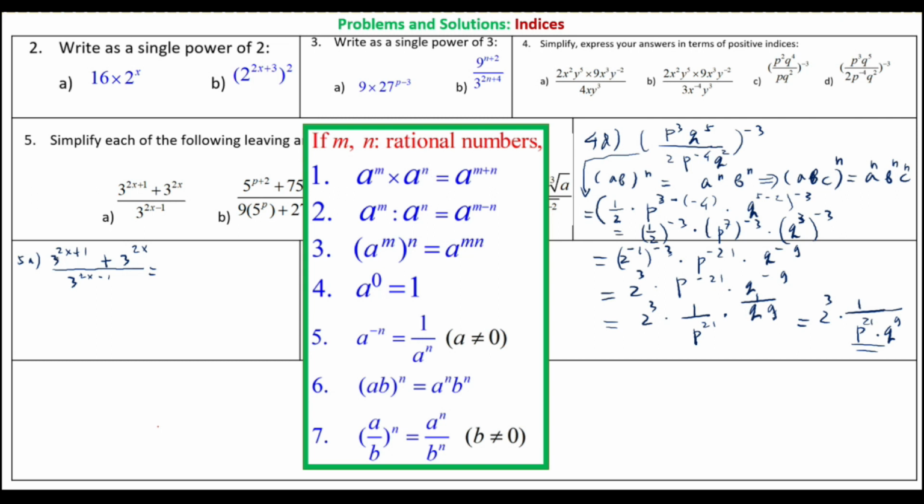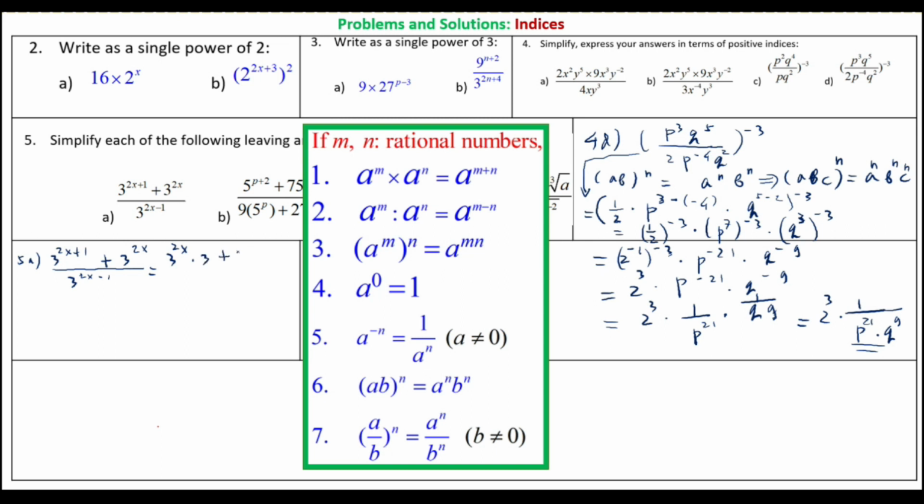So let's imagine a here is 3, m here is 2x, and n here is 1. So we've got 3 to the power of 2x plus 1, which is m plus n, and that equals a to the power of m, so 3 to the power of 2x, times 3 to the power of 1.